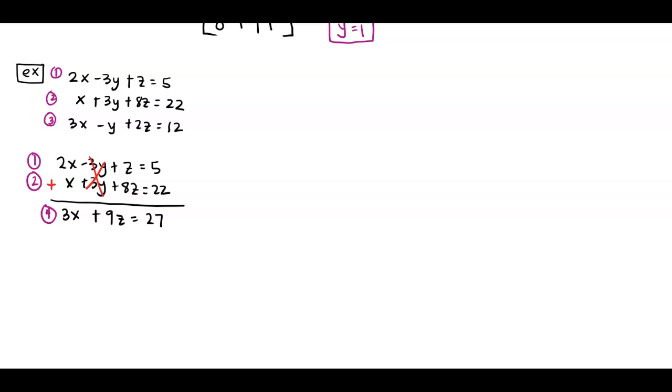All right, so let me take that equation 3, and I'm going to multiply through by 3. So 3x minus y plus 2z equals 12. And then my equation 2 was the other one I wanted to add to it: x plus 3y plus 8z equals 22.